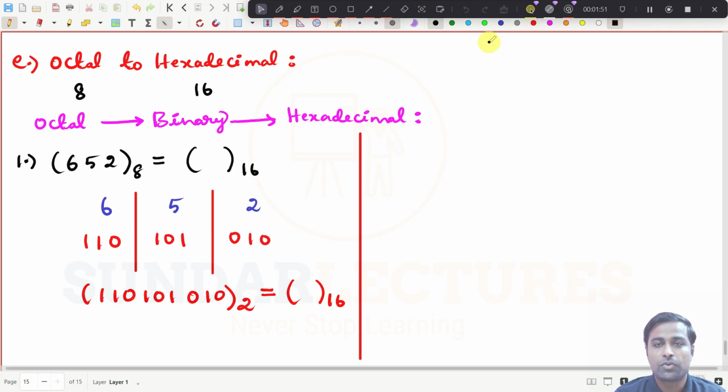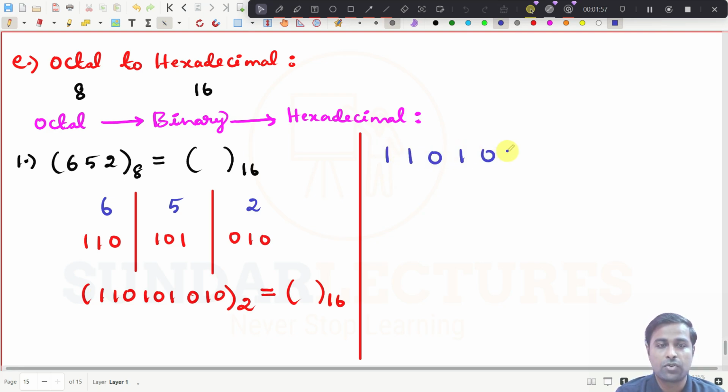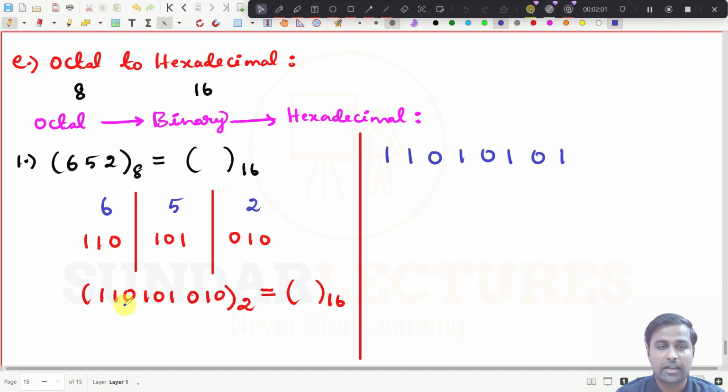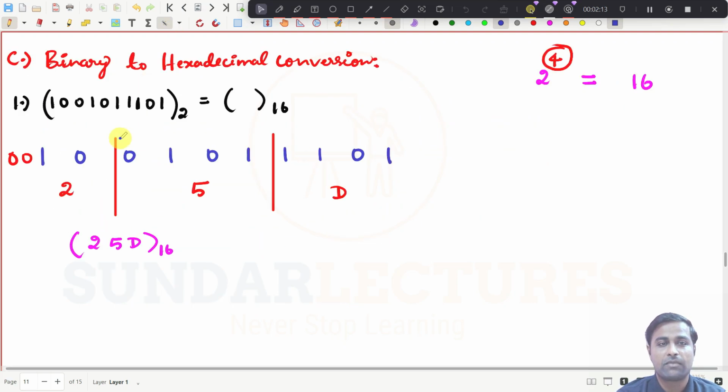Simple. You just write these values: 1, 1, 0, 1, 0, 1, 0, 1, 0, 1, 1, 0, 1, 0, 1, 0, 1, 0. Now, if you are converting binary to hexadecimal, you have to split by 4 digits.